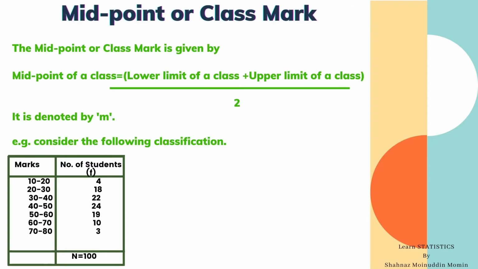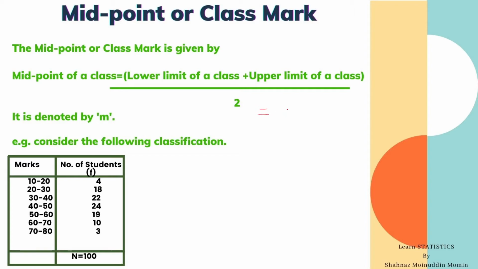Next is midpoint or class mark. For the calculation of grouped or continuous data, we need the midpoint or class mark. Let us see how it is calculated. The midpoint or class mark of a class is equal to the lower limit of a class plus the upper limit of a class, divided by 2.